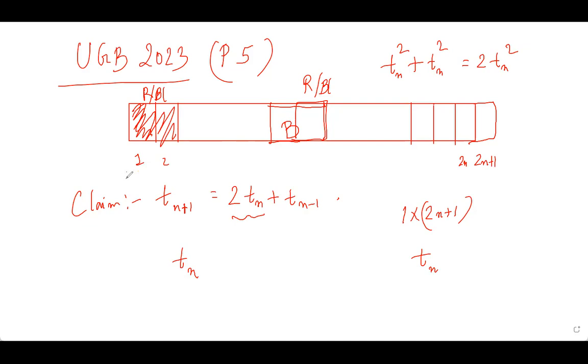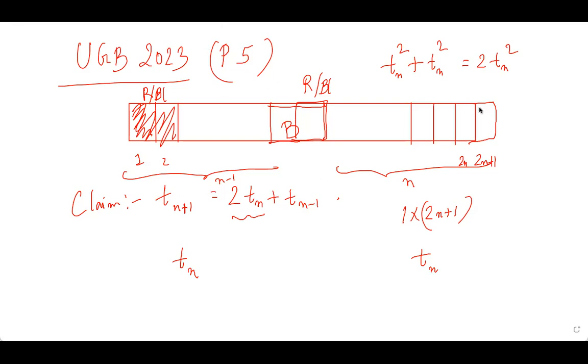On one side there would be n minus 1, and on the other side there would be n. As you can see, n plus n minus 1, and the two blocks already covered by the black one, so basically 2n plus 1 blocks. So there could be two cases: on one side we have n minus 1 and on the other n, and vice versa.